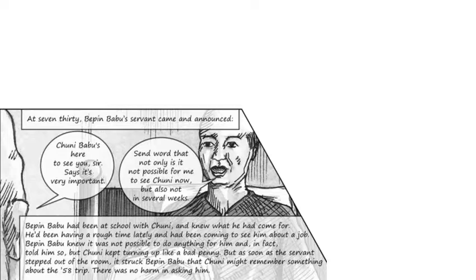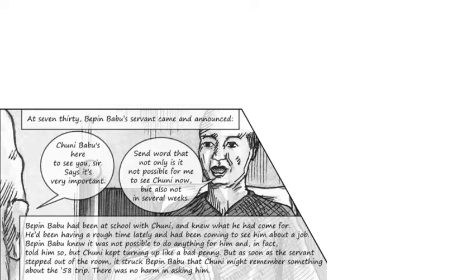Having a rough time means having a lot of problems. Bipin Babu knew it was not possible to do anything for him and in fact told him so. But Chunni kept turning up like a bad penny. Turning up like a bad penny means appearing at a place where one is not welcome.